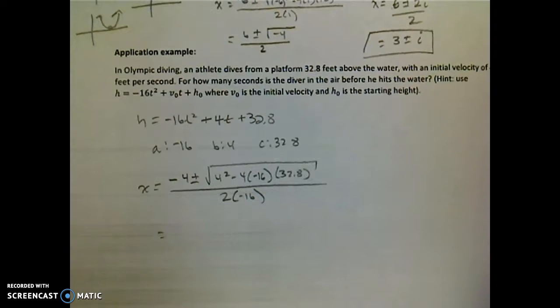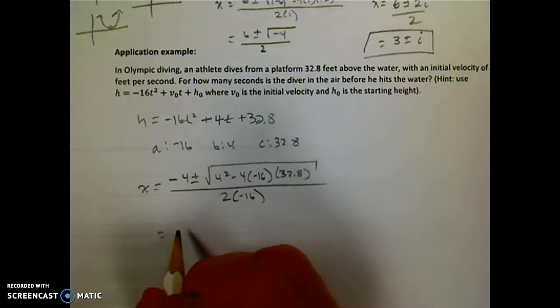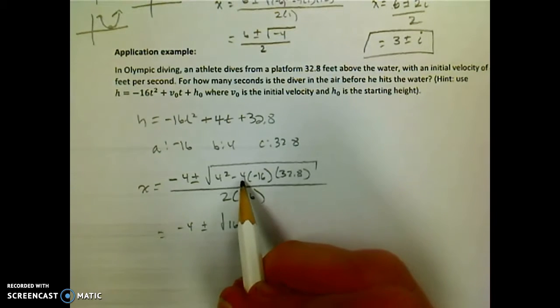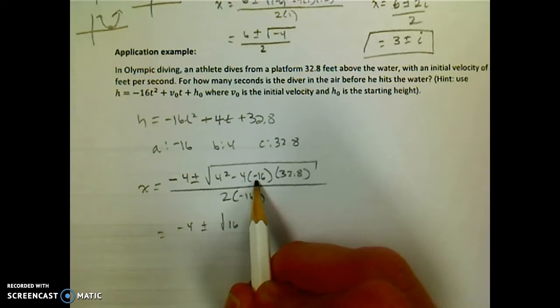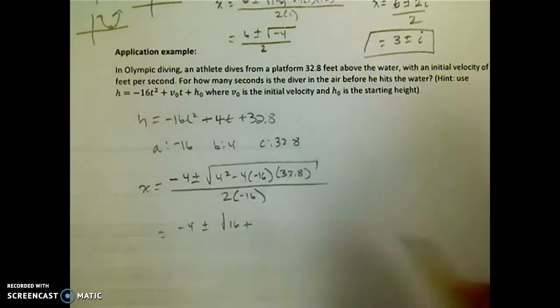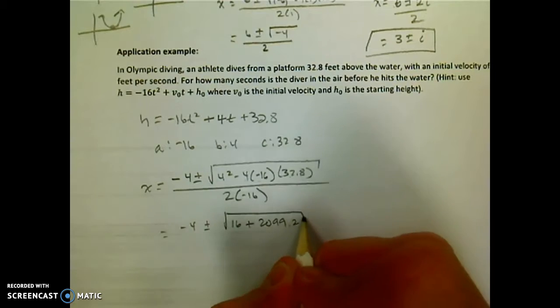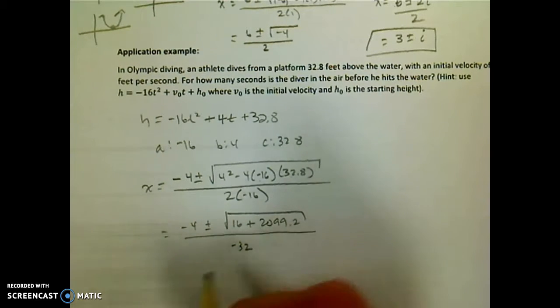So to our calculator we go. Negative 4 plus or minus, underneath the radical we have 16, and then 2 negatives multiplied, and then times a positive. This is going to be a positive result. So 4 times 16 times 32.8, 2099.2, all over negative 32.